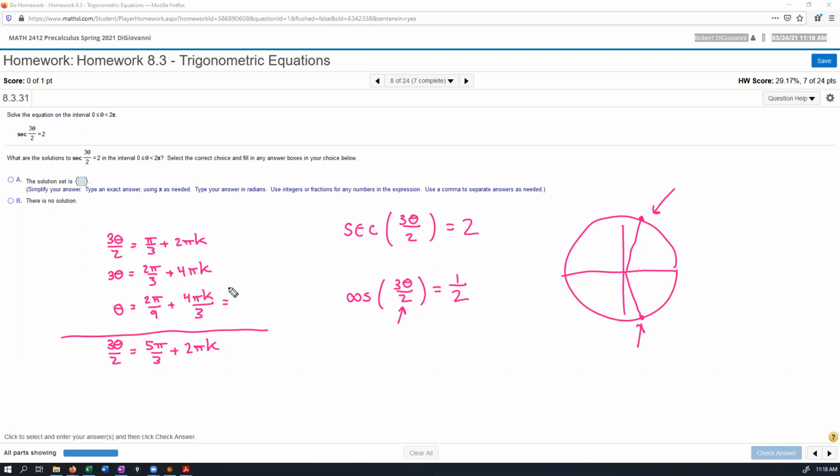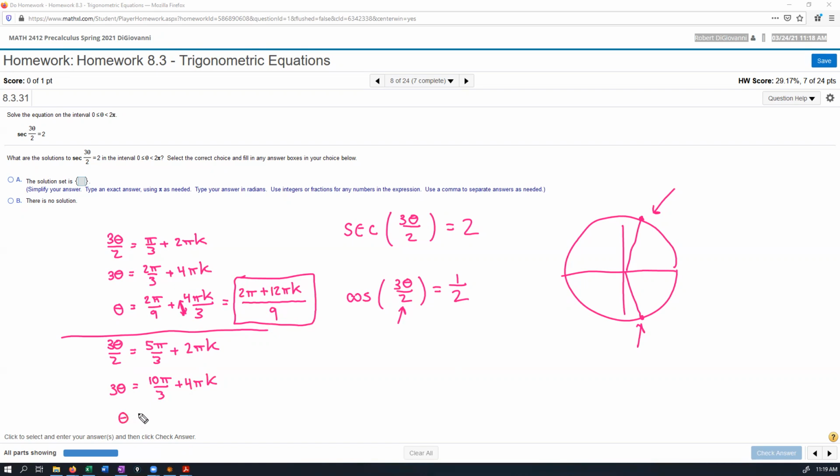And now I can get a common denominator by multiplying the top and bottom of this fraction by 3. So I get 2 pi plus, let's see, 3 times 4 is going to be 12 pi k over the common denominator, which is 9. Okay, that's one of my general solutions. The other one, same story, multiply both sides by 2, and I get 10 pi over 3 plus 4 pi k.